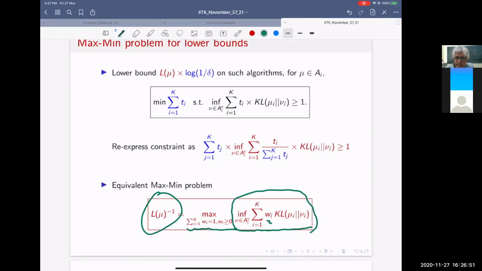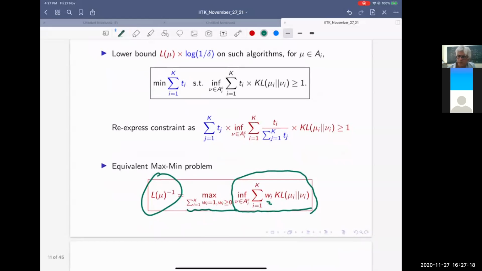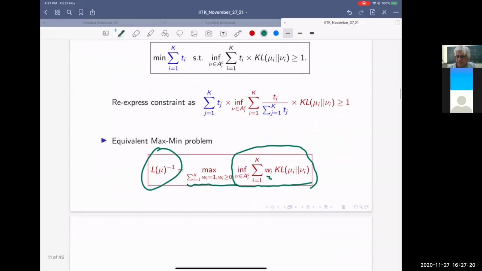I've decided I'm going to pull my first arm maybe 5% of the time, second arm 15% of the time, and so on. Then this infimum tells me that in that case, the most difficult arm to separate from the vector of arms mu is this nu in the alternative complement. So I choose my weights such that I maximize this minimum. It's a game going on. It's this nice maximum problem that I need to solve. That's my lower bound, and that's really all there is to it.